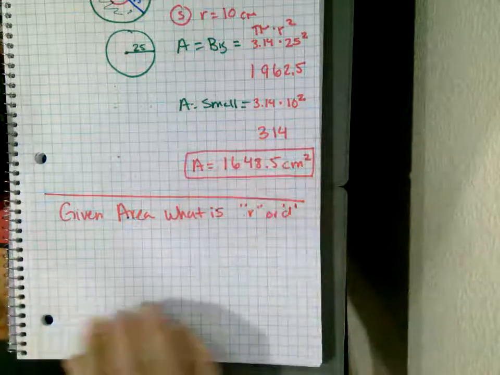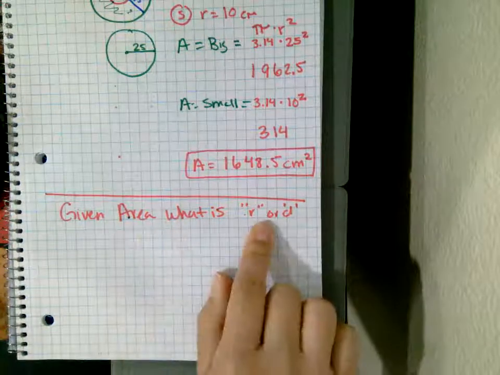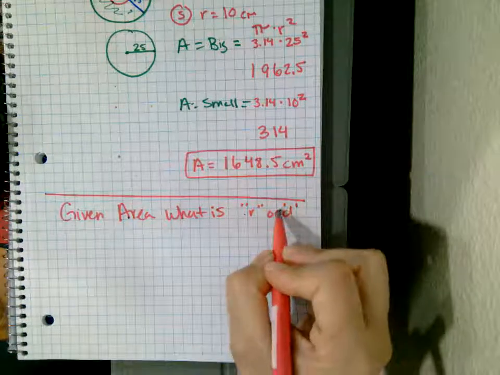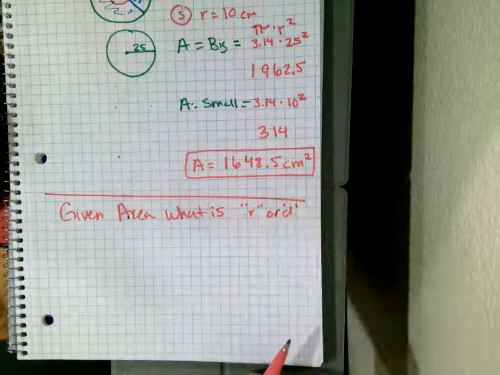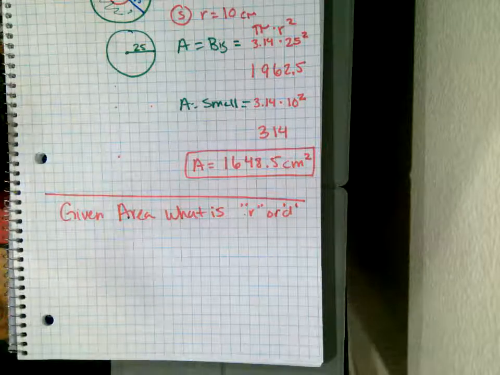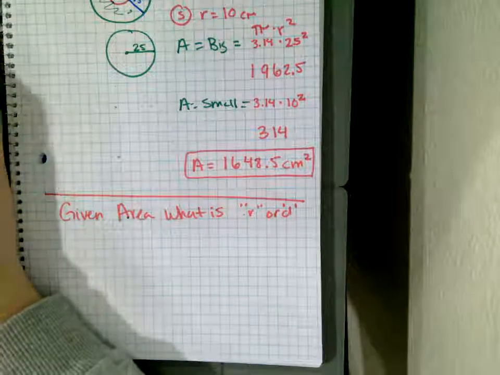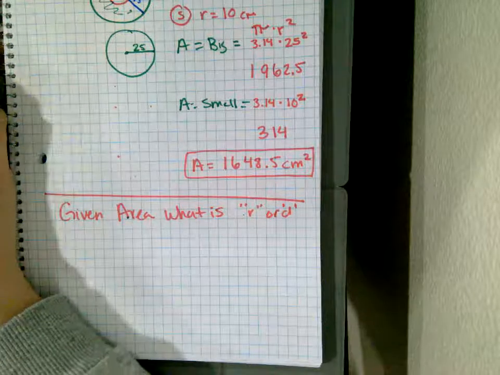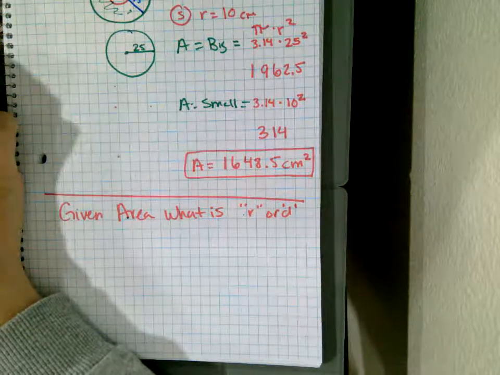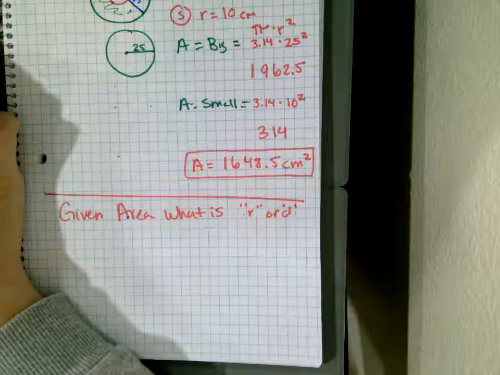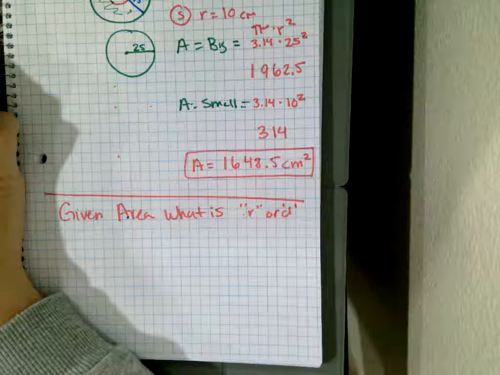Okay, next thing I want to show you is given area, what is R or D? As in what is radius, what is diameter? Let me find a good example to give you.